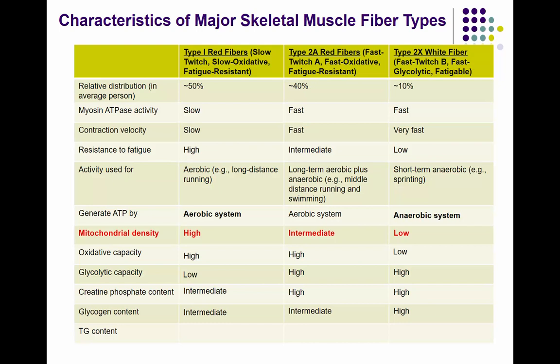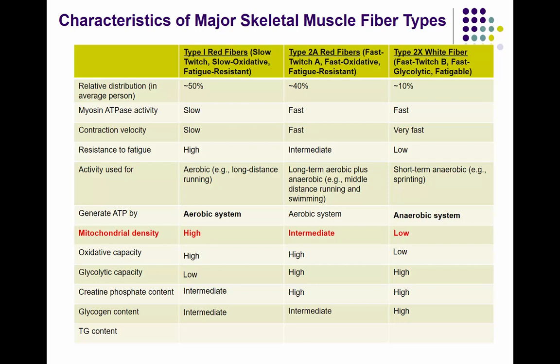triglyceride content. What do you expect? I would ask, what do you expect? Which muscle fibers should have a lower triglyceride content? 2X, yes, because you're not able to utilize fatty acids.